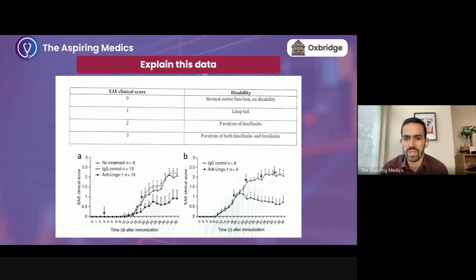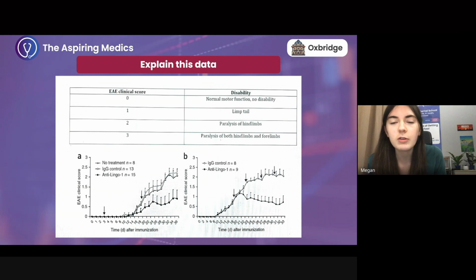Okay, so what do you think's happened there then? So they've had to somehow manipulate the myelin around the nerves of the mice, so they can stimulate an environment that's like MS in humans. Maybe they've given a drug that demyelinates neurons, or maybe blocked the production of myelin by one of the cells.